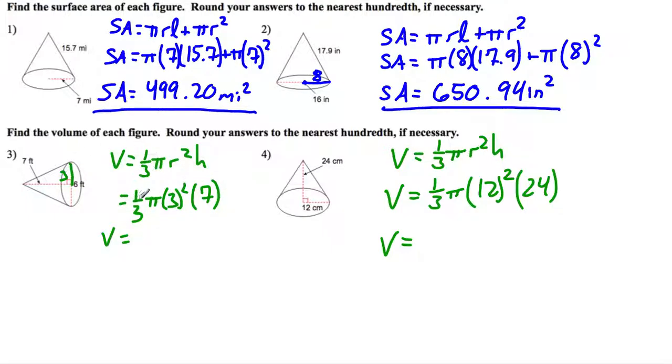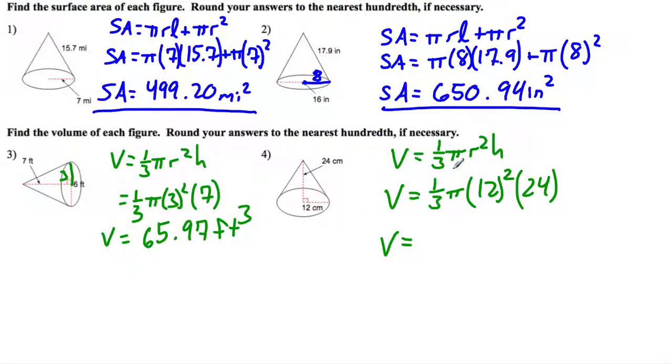Going back to number 3 real quick. This is 1/3 pi times 3 squared. So it's actually 1/3 times pi times 3 squared times 7. So that's actually 65.97 feet cubed. Sorry for the confusion on that one.